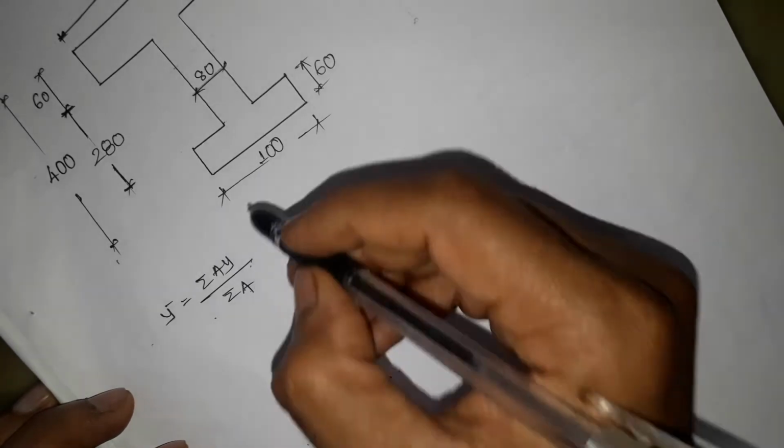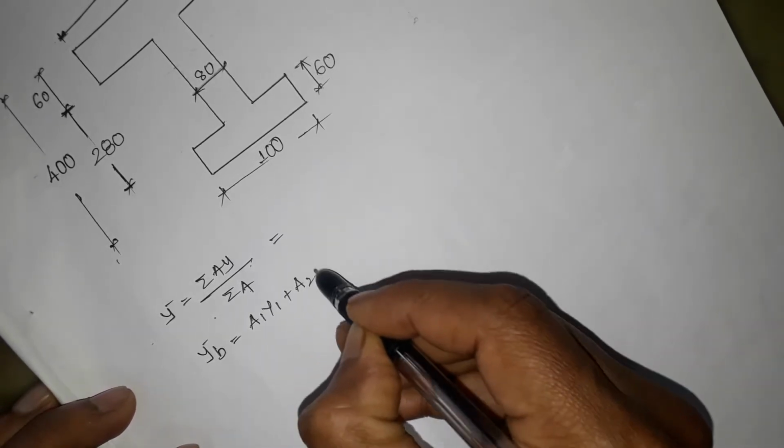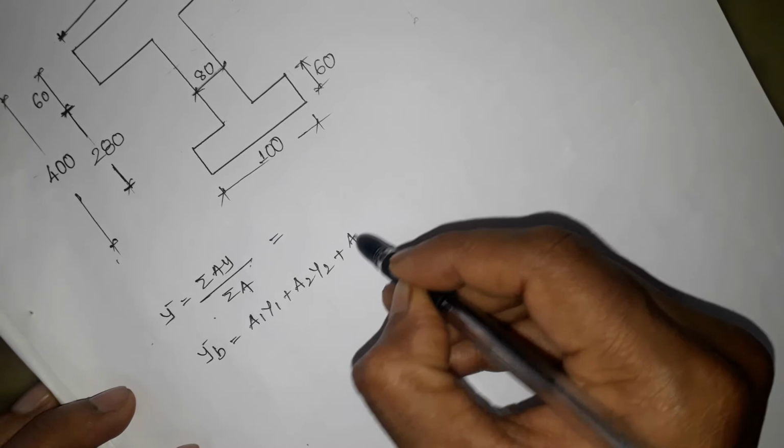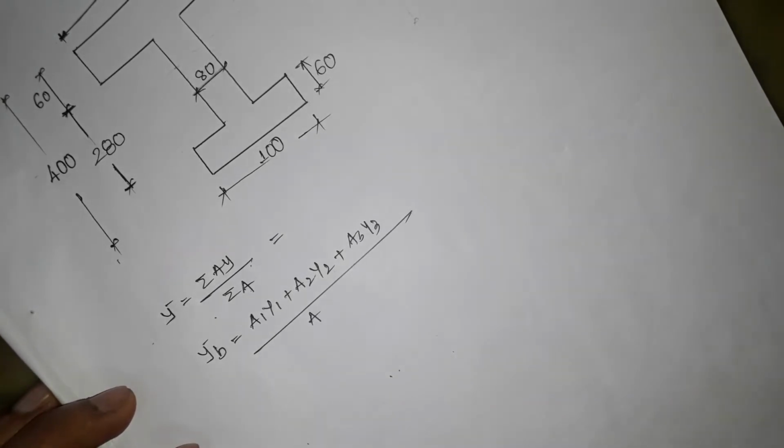I can find it from the bottom, that is y bar b, equal to A1 y1 plus A2 y2 plus A3 y3 divided by the summation of area, that is A1 plus A2 plus A3.